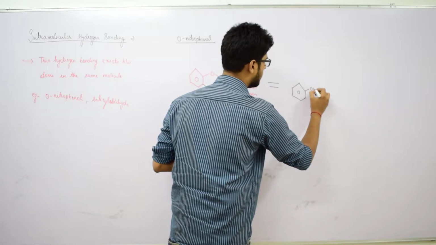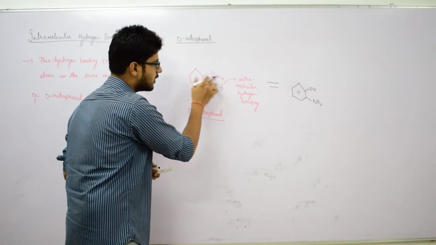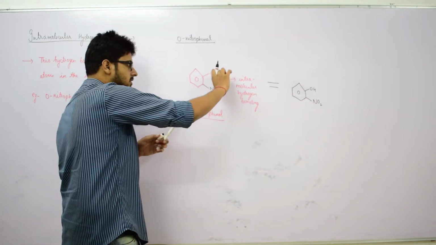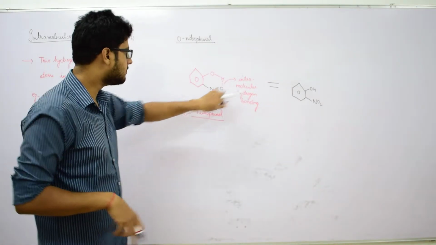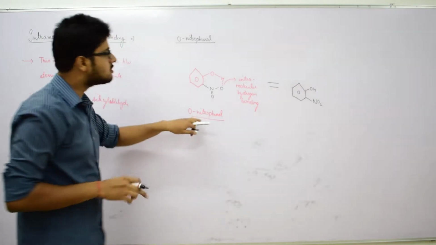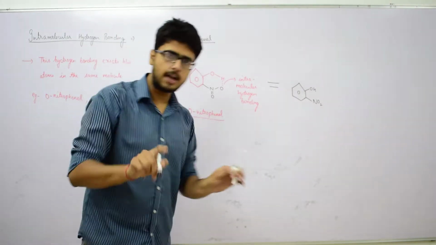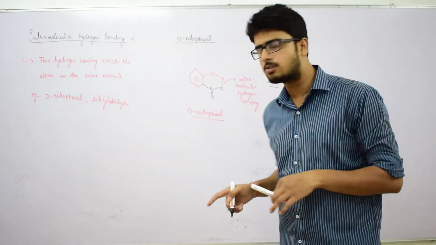This is the OH group, phenolic group, and this is the NO2 group, N double bond O, and this hydrogen and this oxygen have intramolecular hydrogen bonding. As a result, orthonitrophenol is an example of intramolecular hydrogen bonding. So this was the first example.